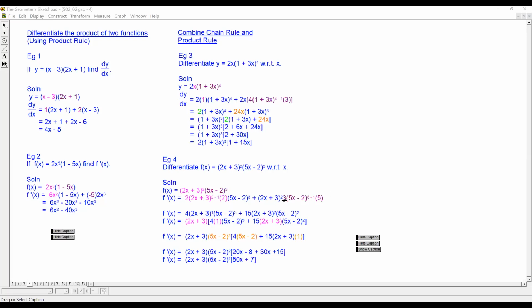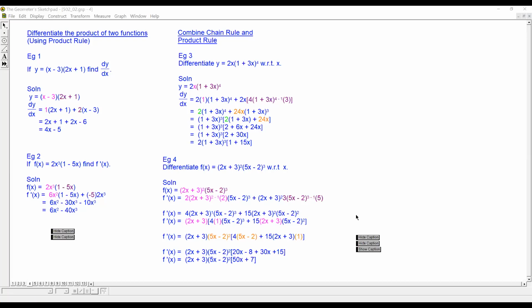Okay, the second term, look for numbers. 3 and 5. 3 times 5 is what? 15. So the first bracket, (2x + 3) to the power of 2, copy down. Now this one is (5x - 2) to the power of 2. This is the term that you have differentiated, so less by 1.